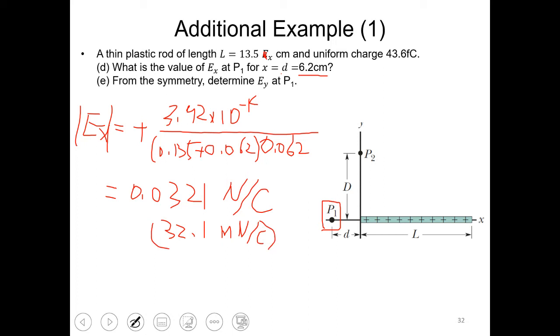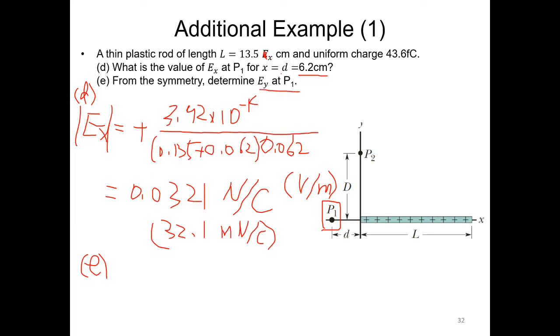Or if you like, you can use V over M. Both are correct. And this is for D. And part E, from the symmetry, determine EY at P1, which is very trivial. EY is nothing but 0.